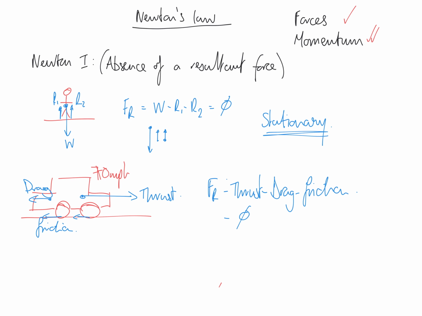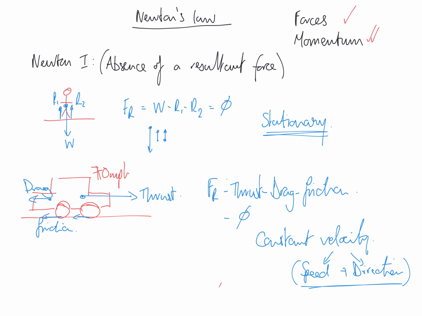So in this instance, we can say that there is no resultant force. In the absence of resultant force, we have the object moving at a constant velocity. And remember, that means both speed and direction. It is both of them.